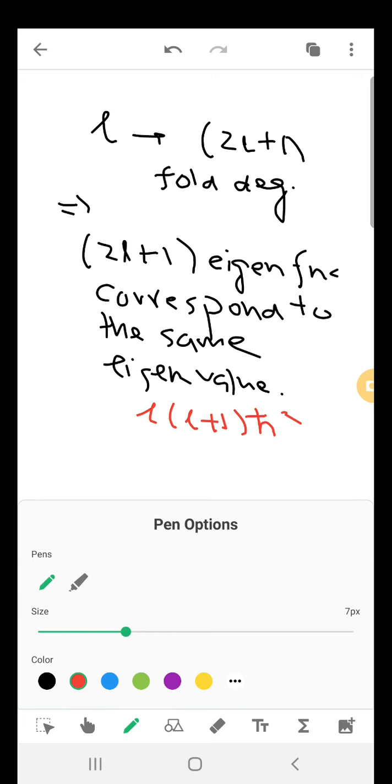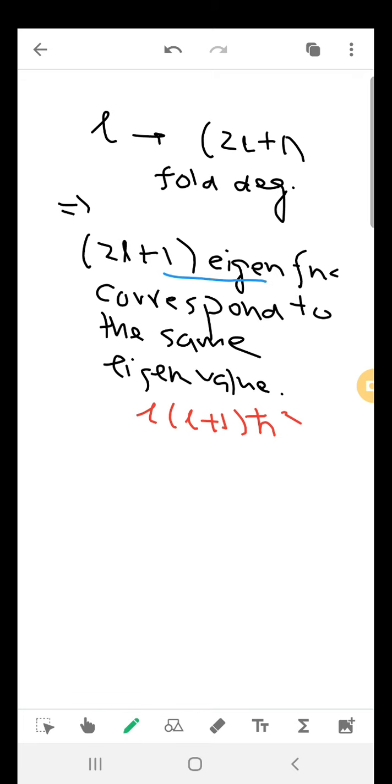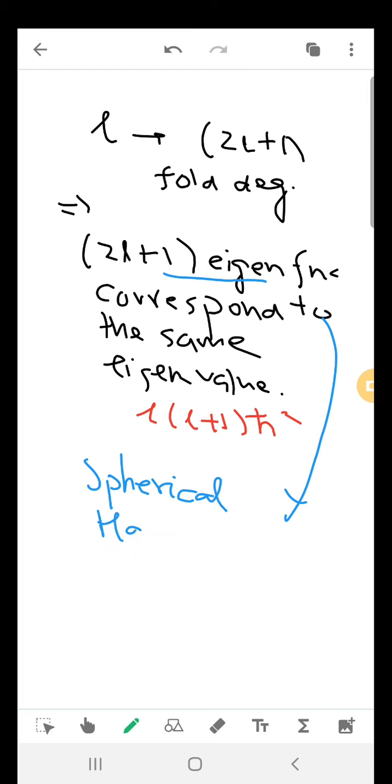These eigenfunctions, having this degeneracy, are actually called the spherical harmonics, and are denoted by Y_lm of theta and phi.